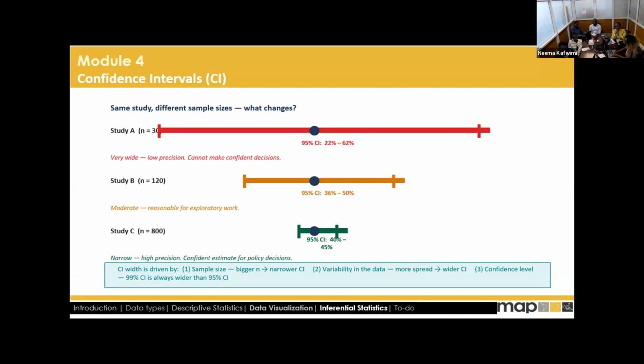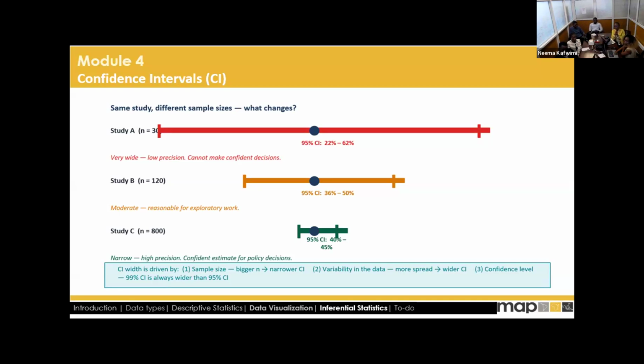It's very low precision, we cannot make confident decisions. I was looking at the confidence interval, it ranges from 22 to 62%. We can also look at the sample size, which I cannot see.